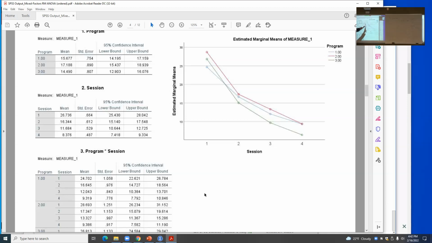So Robert, how many pairwise comparisons can I make at pre or at baseline? 3. And how many at final session? 3. Right? So I've got 6 between. So I've still got 9 comparisons that I'm going to make. Now, these first 3, I don't need to correct.